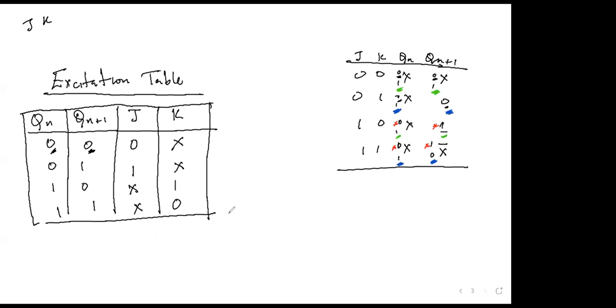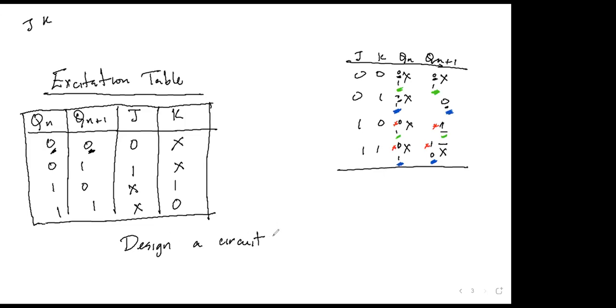The next step from that, still talking about something that you might have learned in digital logic, is the segue to finite state machines. But we're just taking it a step at a time.